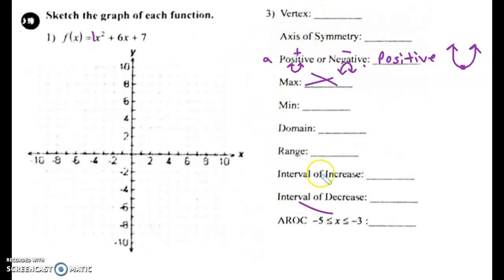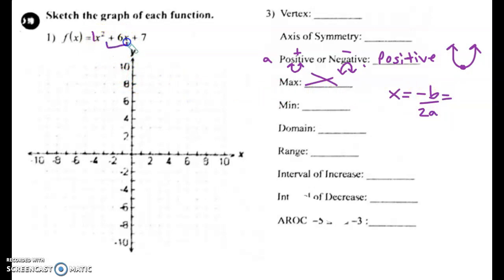Everything else, domain, range, interval of increase, decrease, everything centers around that vertex. So to find the x value of the vertex, remember, we have to do x equals negative b over 2a. So I have to figure out, what's b and what's a?